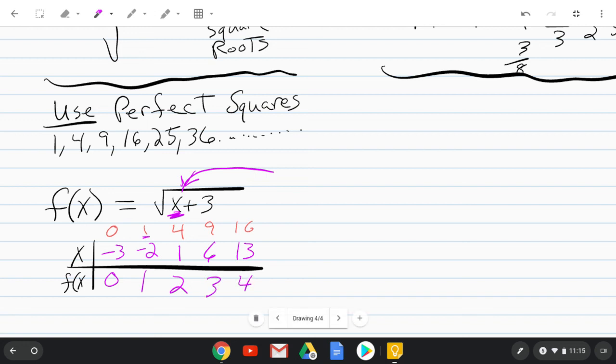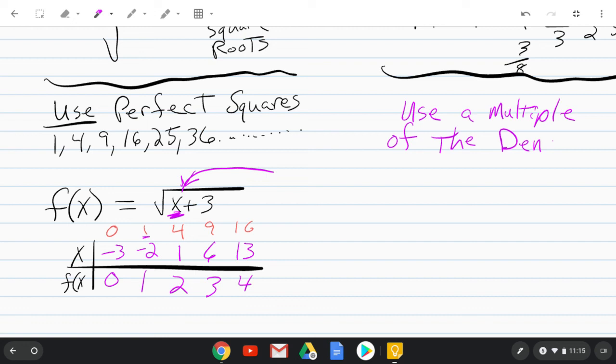And then when it comes to fractions, I must use a multiple of the denominator. So, let's say I have 1/3.